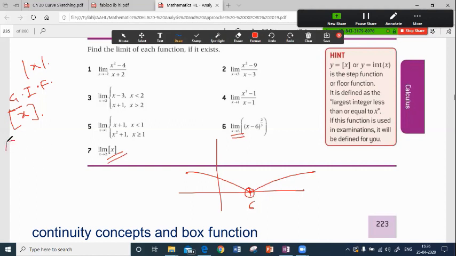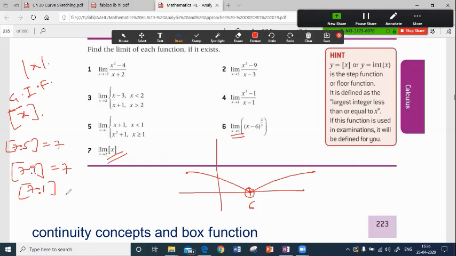See, box of 7.5 is 7. Box of 7.9 is 7. Box of 7.1 is 7. 7.9 will be 7, not 8.